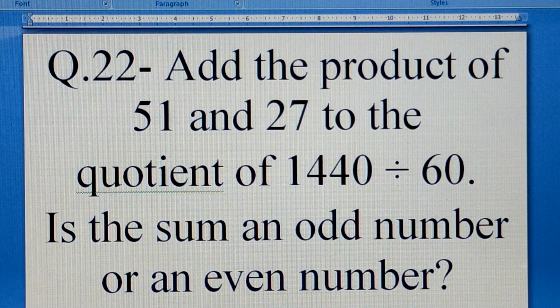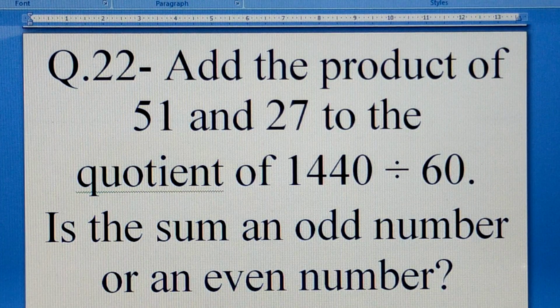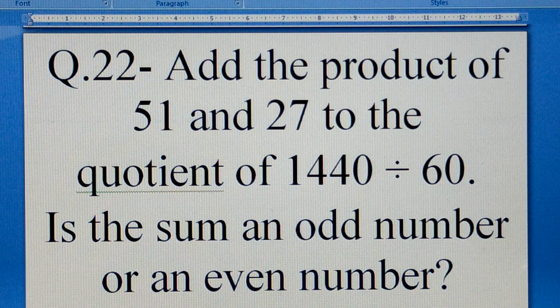Now you have to add the product. First of all, you have to find out the product of 51 and 27 to the quotient. The quotient of 1440 divided by 60. So first of all, you have to find out the product of 51 and 27, and then you have to divide 1440 by 60. Then you have to do addition.